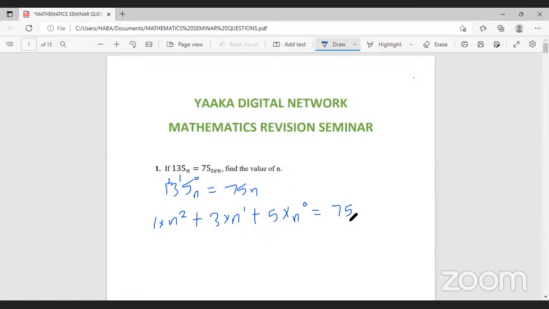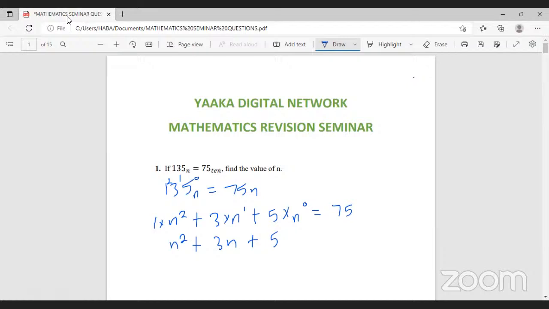We leave the 75 because it's already in base 10. Then we have 1 times n squared, which gives us n squared. Then we have n to power 1, which remains as 1 times 3, which gives us 3n plus 5.